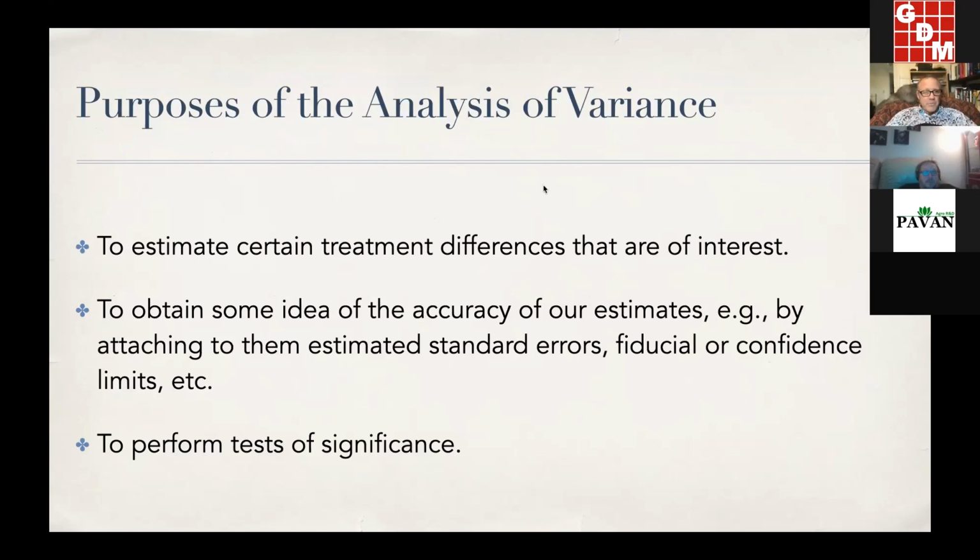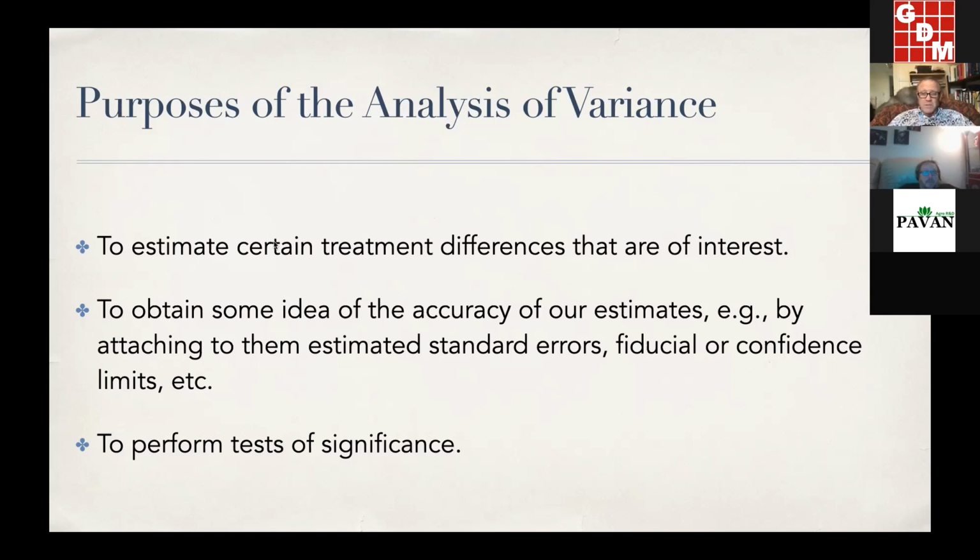And from Cochran's perspective, the purpose of the analysis of variance is to estimate treatment differences that are of interest. In ARM, we tend to talk about, we want mean separation letters. Okay, we want letters to show up on our means table. We want some idea of the accuracy of our estimates.